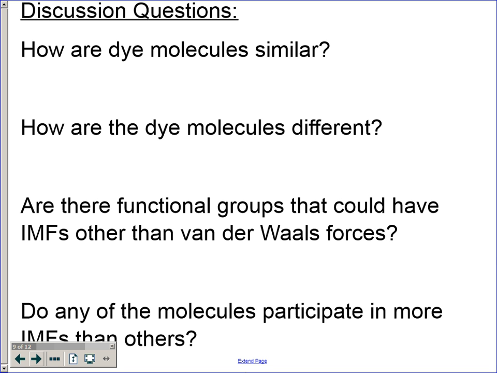I need all hands on deck, so if someone can go ahead and get a pipette to dip into the dye, someone can do that.